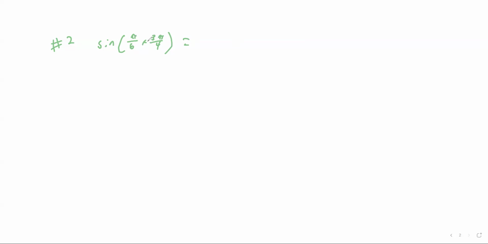So our sum identity for sine, this will be your X and this will be your Y. So this will be sine pi sixth times cosine of 3 pi fourths plus cosine of pi sixth times sine of 3 pi fourths. Now we know all of these values according to our unit circle.